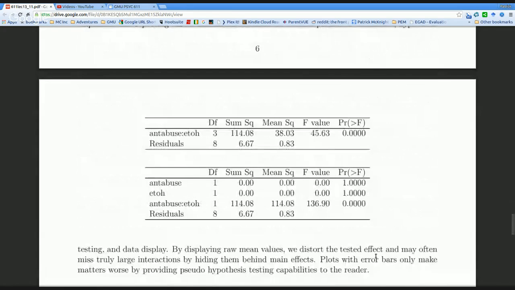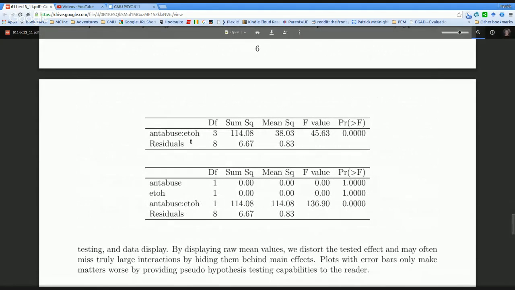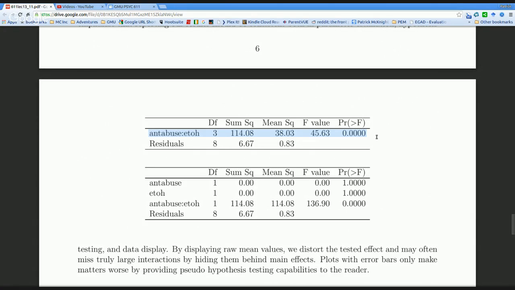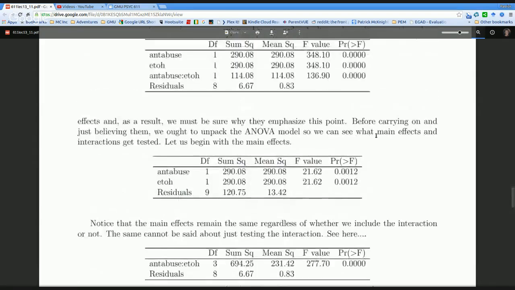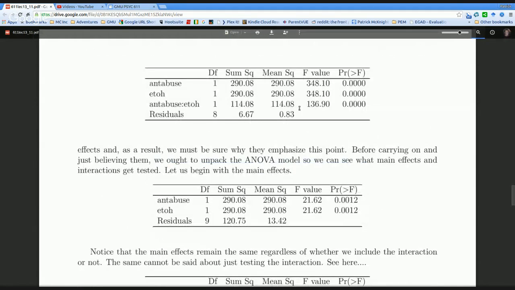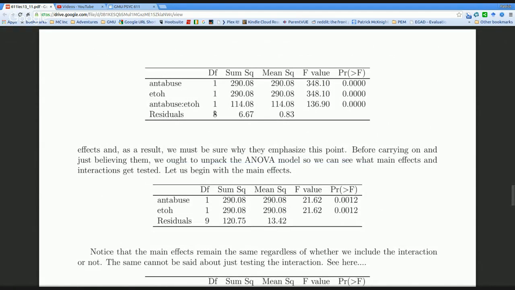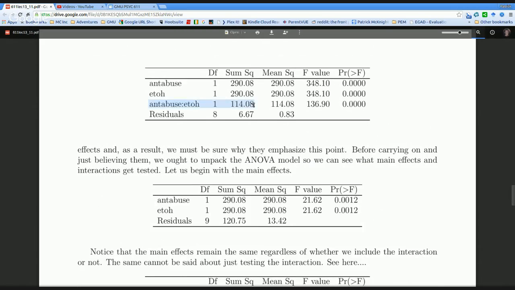And you'll notice here that here is a situation where I residualize out the main effects from the interaction, and you'll notice that the F value is identical to the F value that we had originally. Okay? Well, not exactly. Now, why is that?